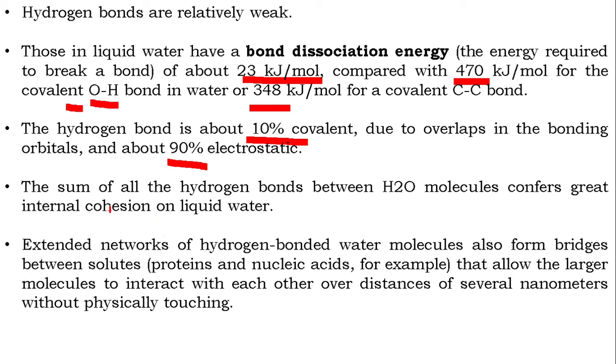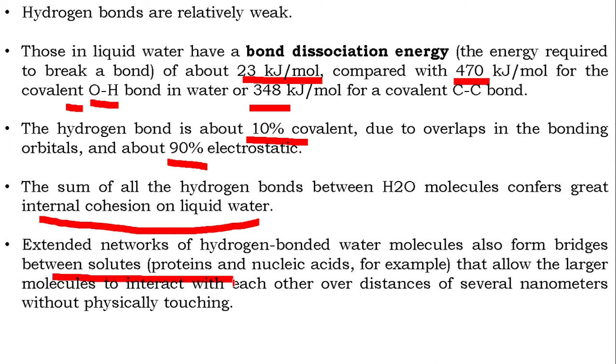So the sum total of all these hydrogen bonds confers internal cohesion on liquid water. In liquid water, the molecules are so close together because of this hydrogen bonding. An extended network of hydrogen-bonded water molecules forms bridges between solutes.